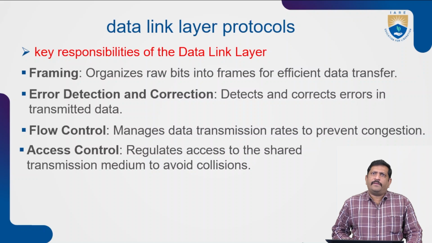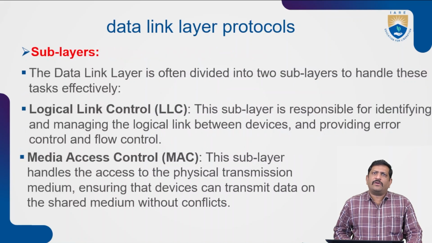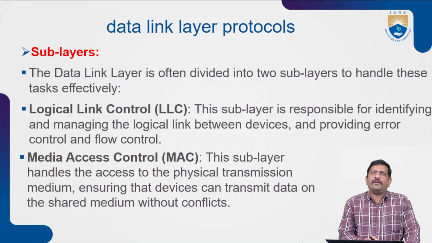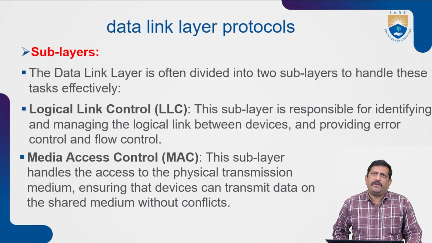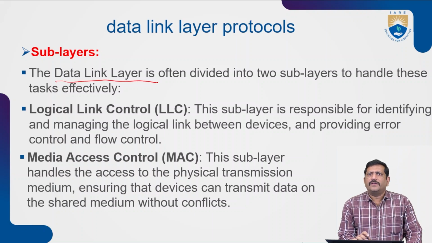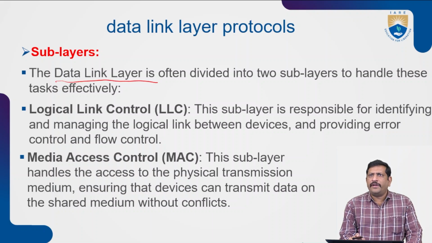These are the key responsibilities of the data link layer: framing, error detection, flow control and access control. Generally, the data link layer in the OSI reference model is divided into two sublayers.